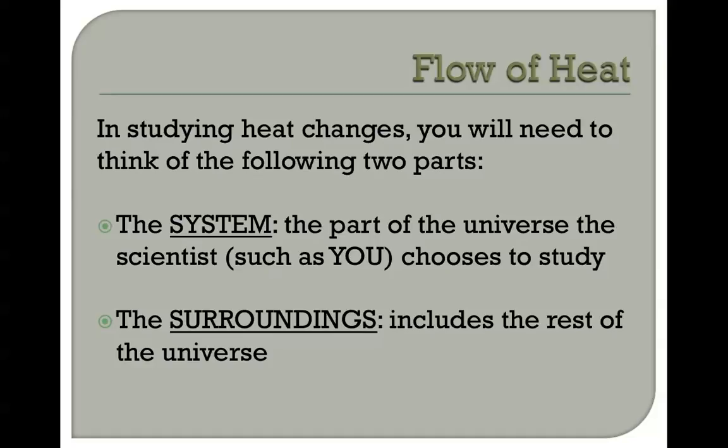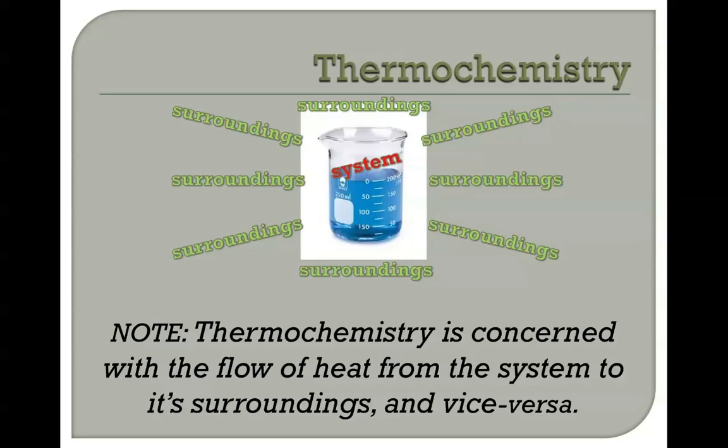So when we talk about the flow of heat, it's important to know what the system is and what it's transferring or gaining energy from. The system would be, in this case, the liquid in the beaker, and the surroundings would be the beaker itself, the air around it, and the table it's on. Some of you might have heard of the term thermochemistry. This is concerned with the flow of heat from the system to its surroundings, and vice versa.